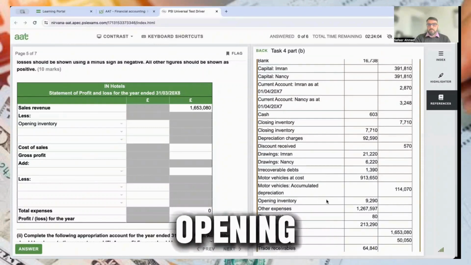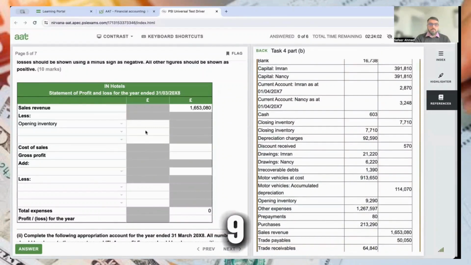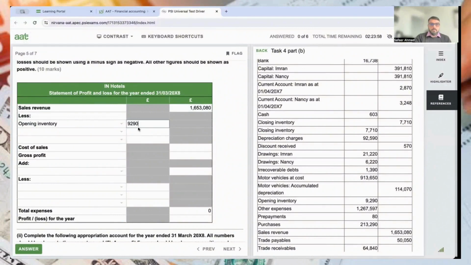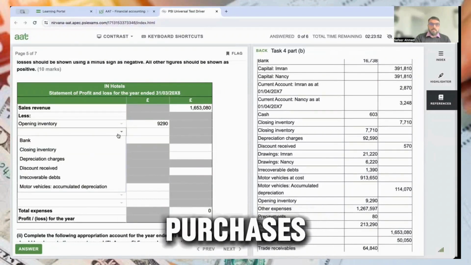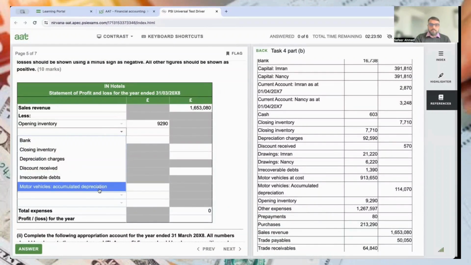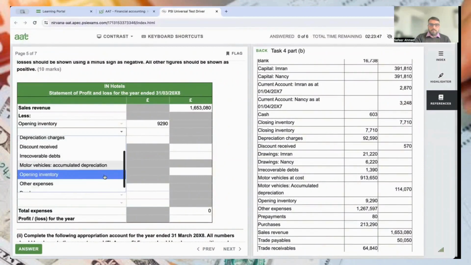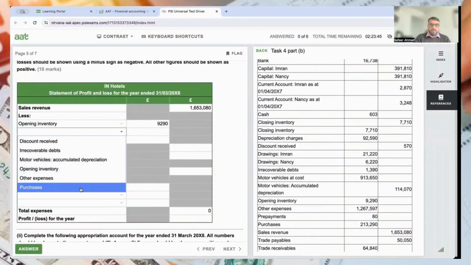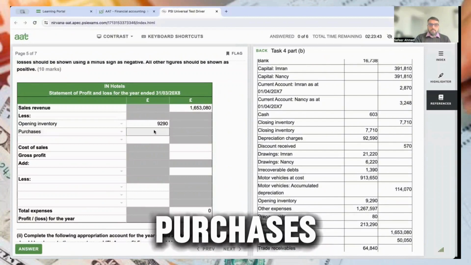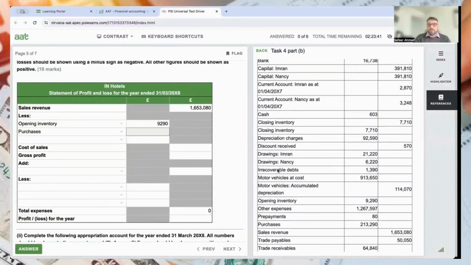So as you can see, opening inventory value is 9290. Of course we add purchases to it, and again, the purchases value is given to us. So the purchases value is 213290.